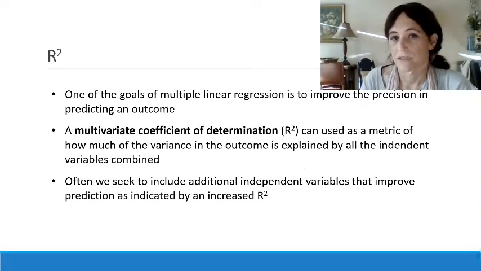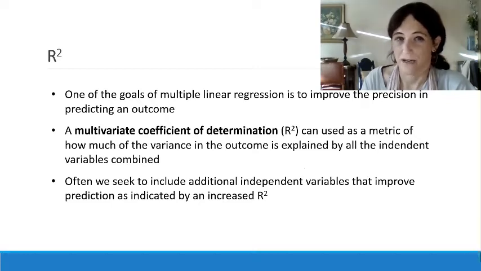Previously we had talked about the coefficient of determination, or little r squared, or Pearson's correlation coefficient squared. In the context of multiple linear regression, we're going to have big R squared, which is the multivariate coefficient of determination. Our goal in multiple linear regression is to increase the value of R squared, meaning we're explaining more and more of our dependent variable as we add variables to the model.